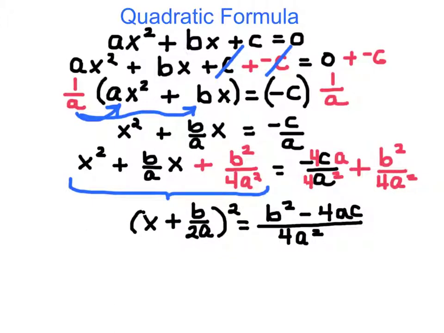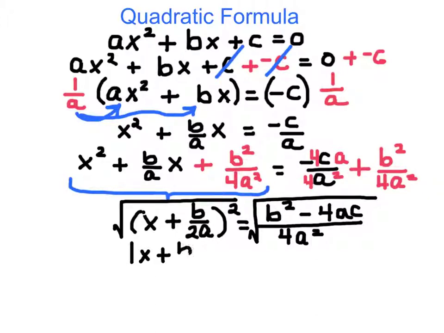I'm still trying to find x. You'll notice I only have one x here, so it's getting better. Let's take the square root of both sides, the square root of the left and the square root of the right. When I take the square root of the left, I end up with the absolute value of x plus b over 2a.